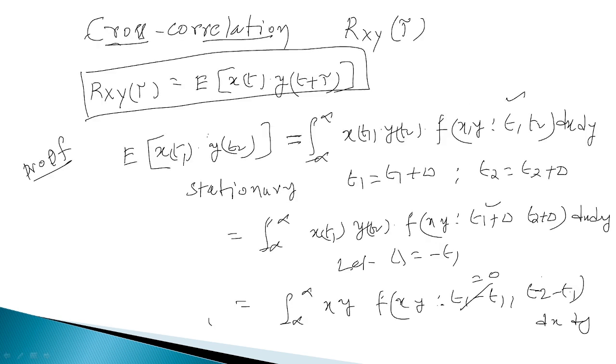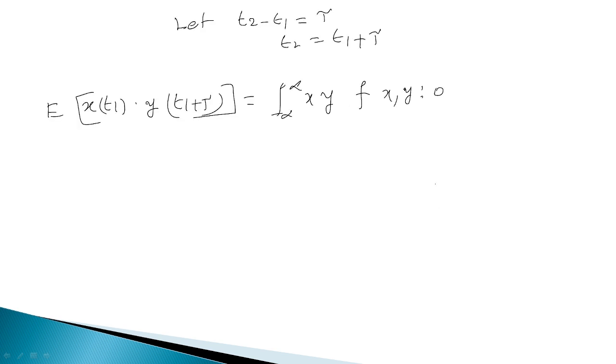In the place of t2 minus t1 we write tau, so this is the average of two signals, xy times f of xy dx dy, a function of tau.